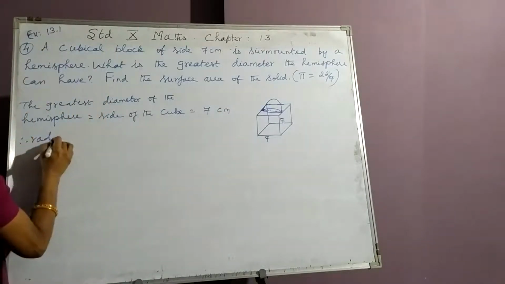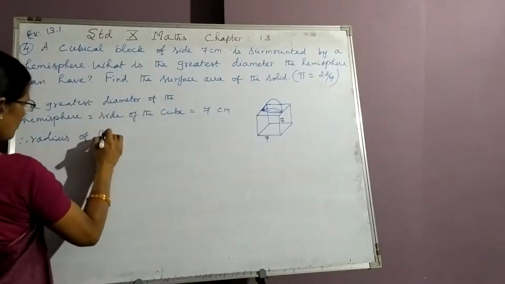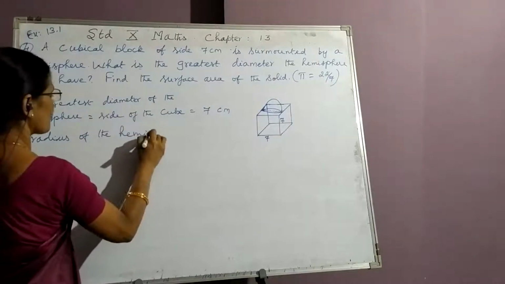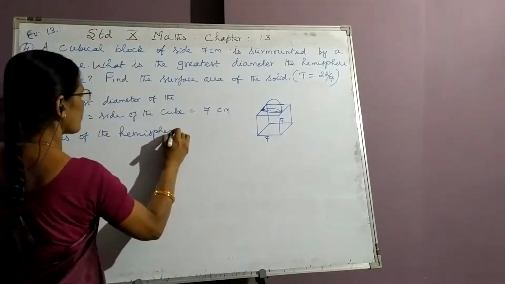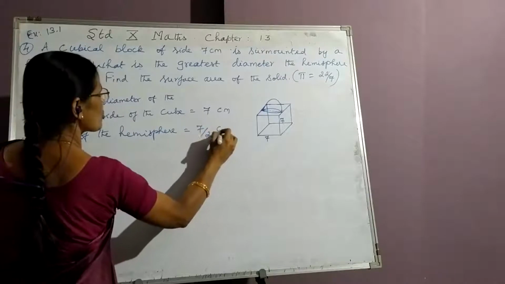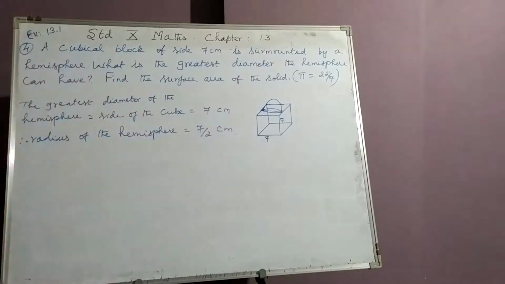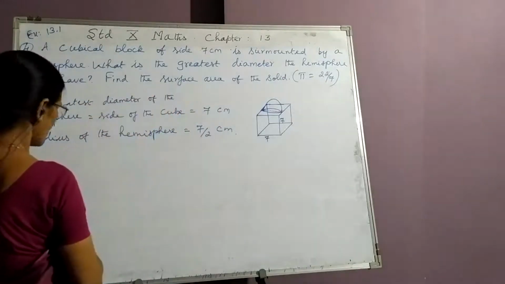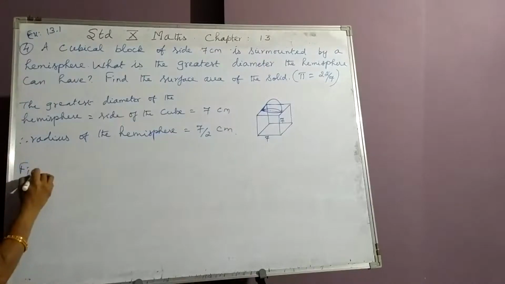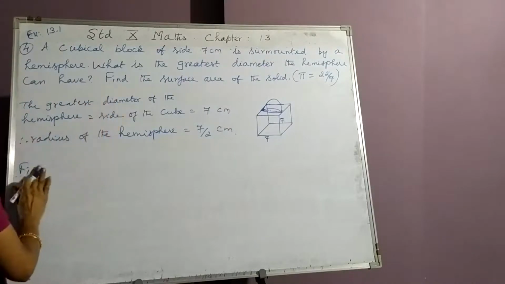Therefore, the radius of the hemisphere is 7/2 centimeter. Right? The question is, find the surface area of the solid.